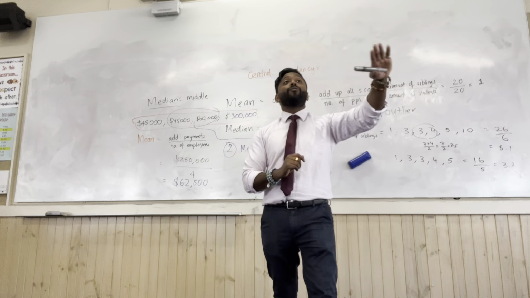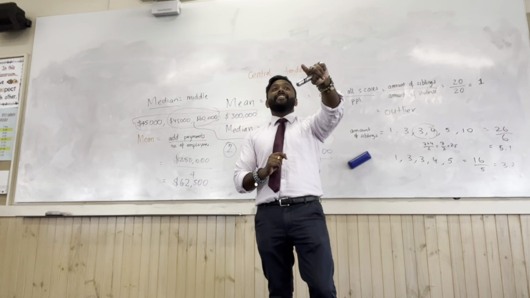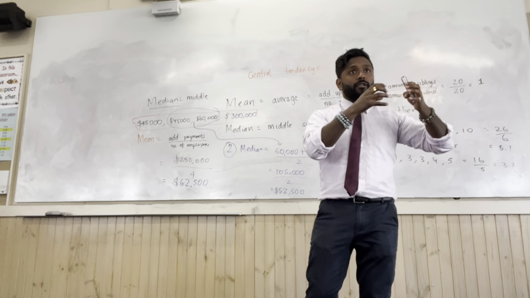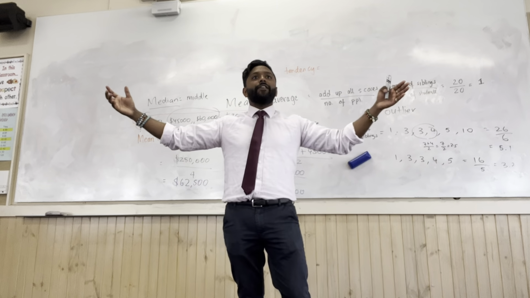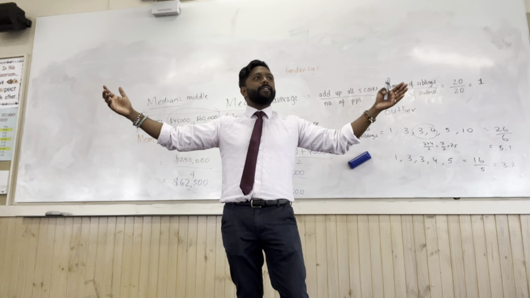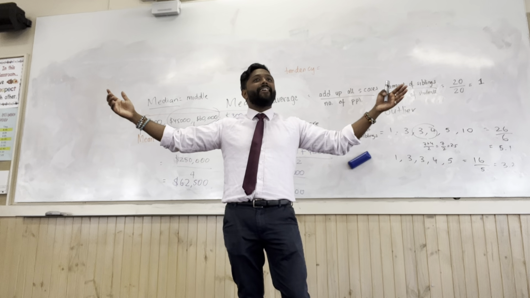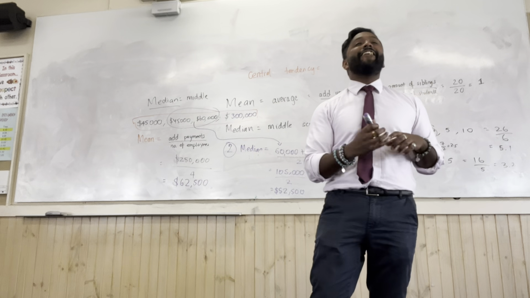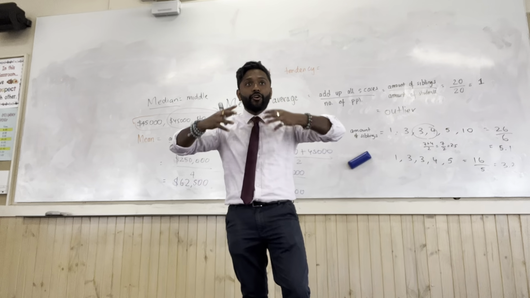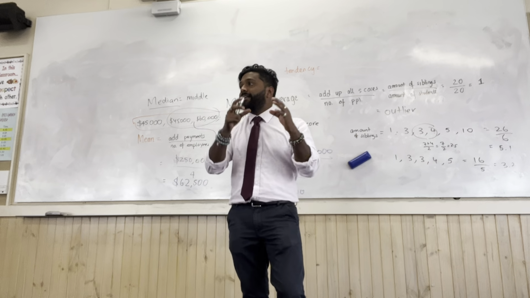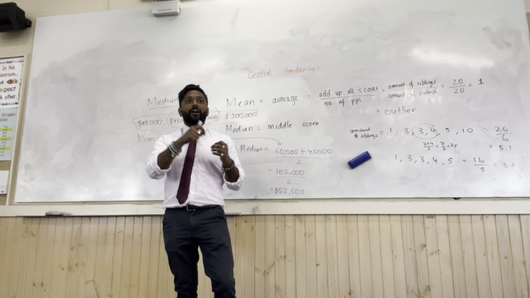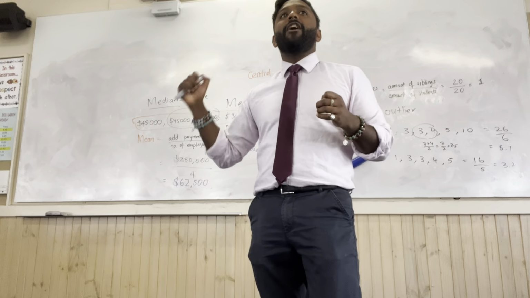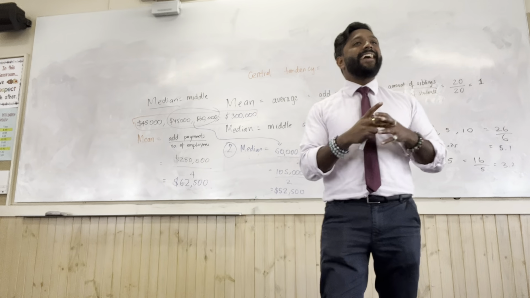You've got to put the numbers in order from smallest to highest. So if you have 1,000 employees, what do you think will happen? It's going to be a pain. Why? Because you've got to take so much time putting this amount of data in order from smallest to largest. So that's the disadvantage about finding out the median. It takes a long time.